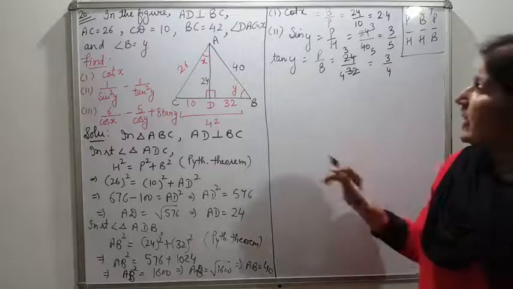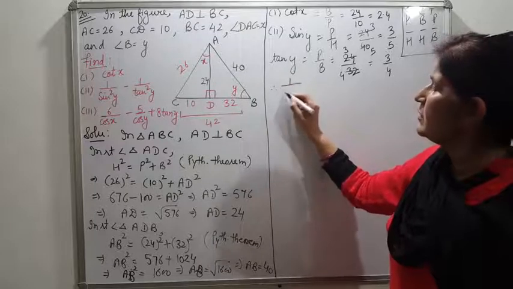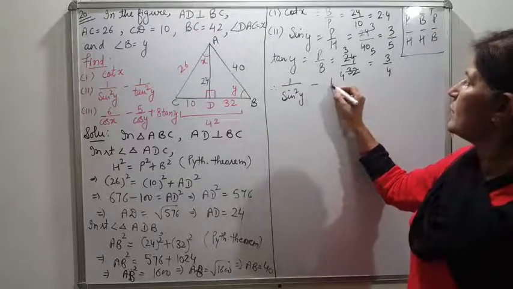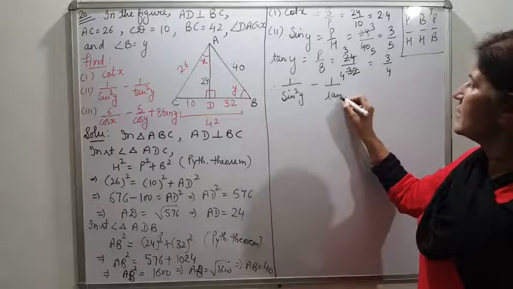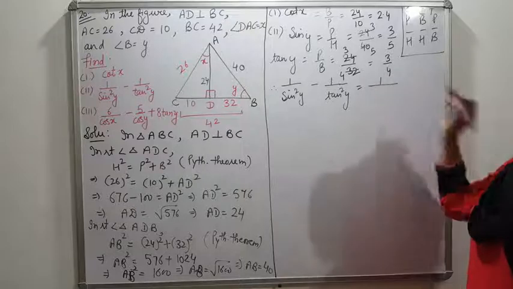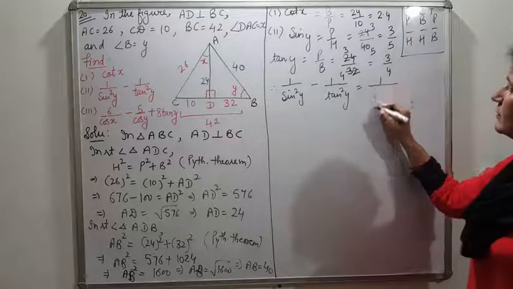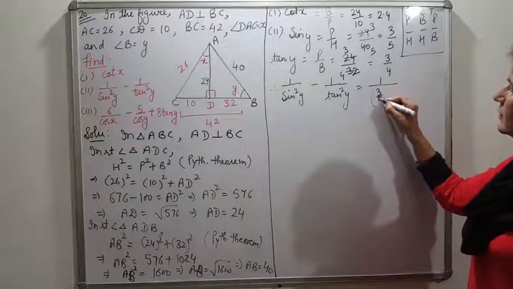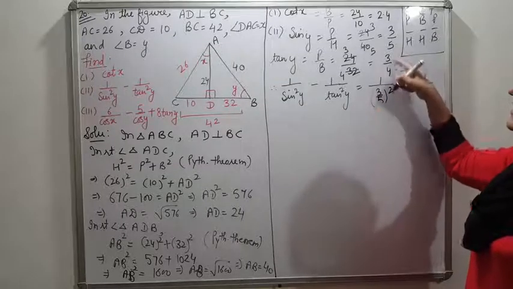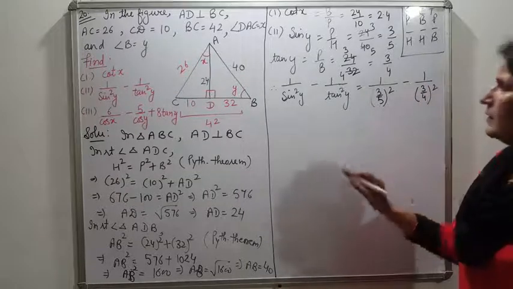Now the value you have to find is 1 upon sine square y minus 1 upon tangent square y. Sine y means 3 upon 5 squared, minus 1 upon tangent, whose value is 3 upon 4, squared.